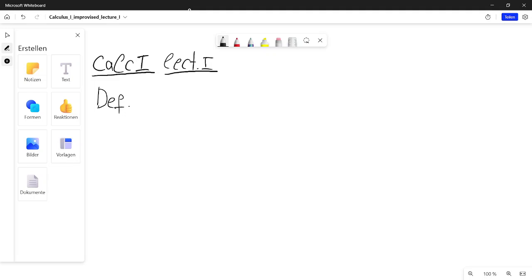Well, I'm not so sure about that because I have not divided it into chapters. Okay, let's say definition 1 for now, and then I will decide when the first chapter will end. For example, like that. We begin with definition 1, real numbers.